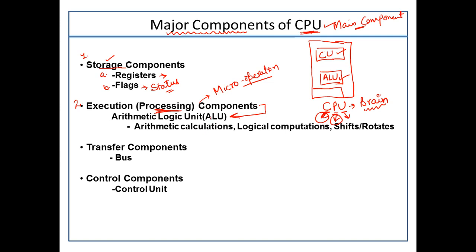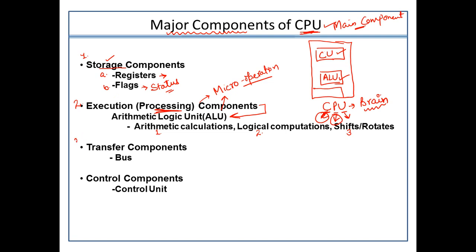So what will the arithmetic logic unit do? It will process each and every different kind of micro operation that we are aware of. Like we have learned the arithmetic micro operations, logical micro operations, shift micro operations, register transfer micro operations, and so forth, right? All these operations are taken care of by the arithmetic logic unit.